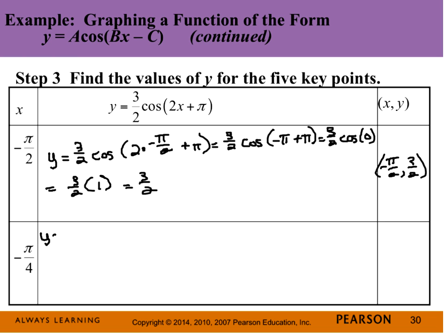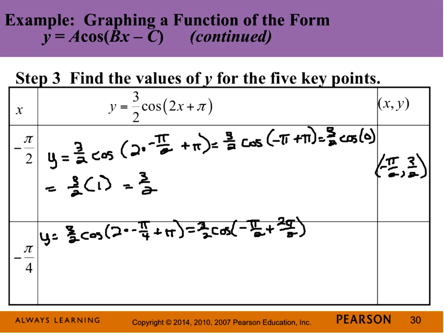All right, negative pi over 4, I have y equals 3/2 times the cosine of 2 times negative pi over 4 plus pi, and that's 3/2 times the cosine of negative pi over 2 plus, I'm not going to add pi, I'm going to add 2 pi over 2.